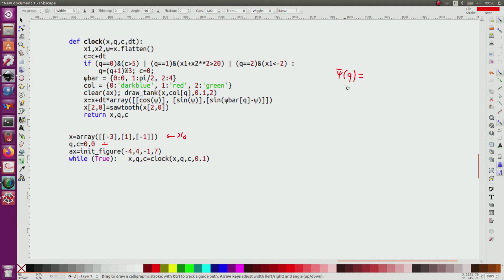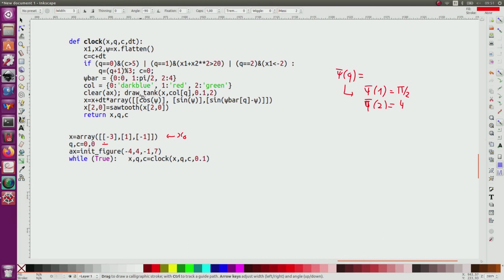So this one gives me psi bar of 1 equal to pi divided by 2 as given in the automaton. I also have psi bar of 2 equal to 4. It is a dictionary in Python. I will also draw a different color for the robot for different values of q, so it is also a dictionary.